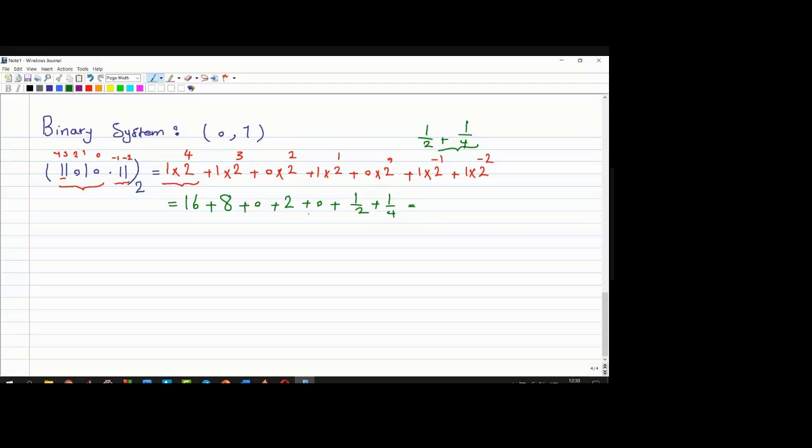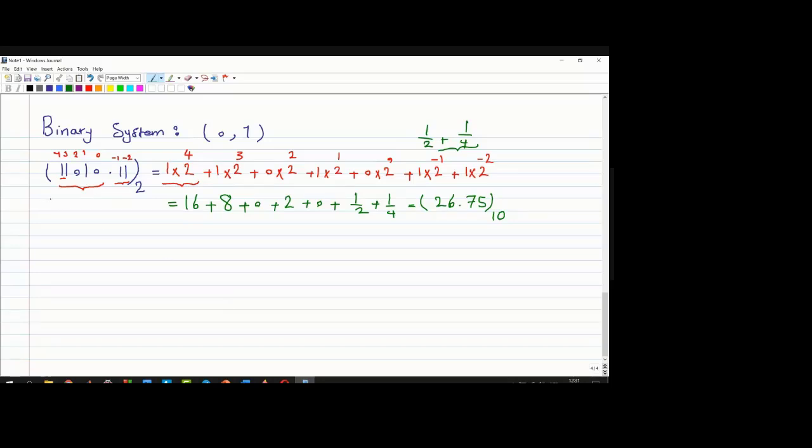If you add all of these numbers, you can find that the value is 26.75. This is in base 10.